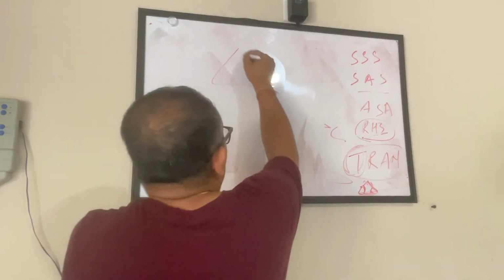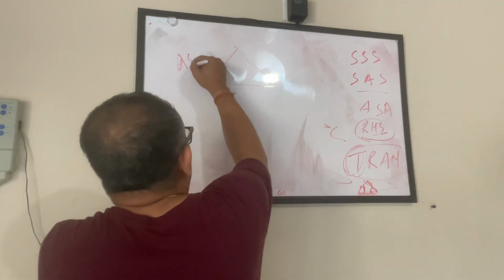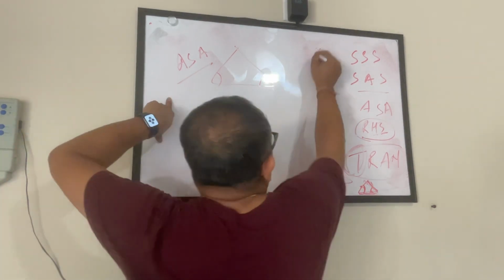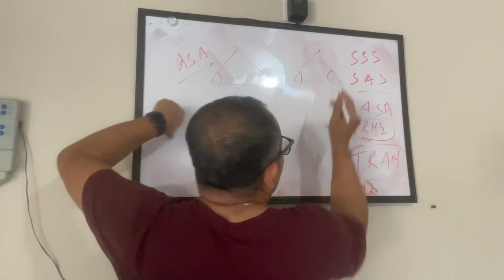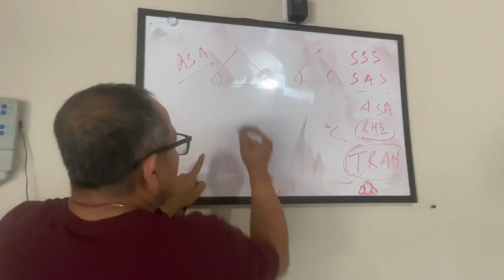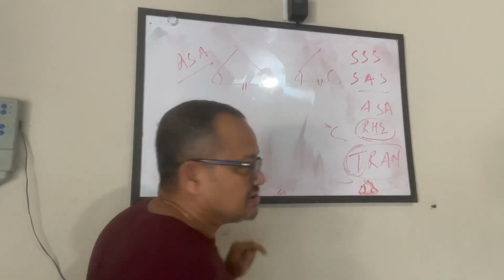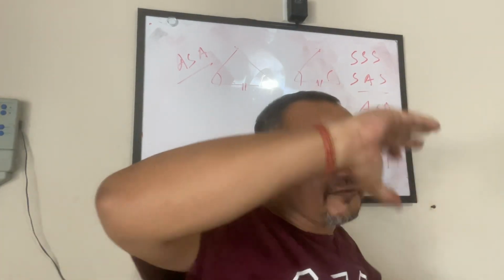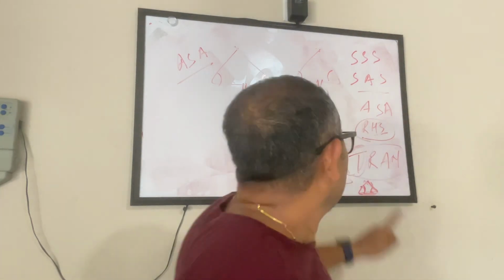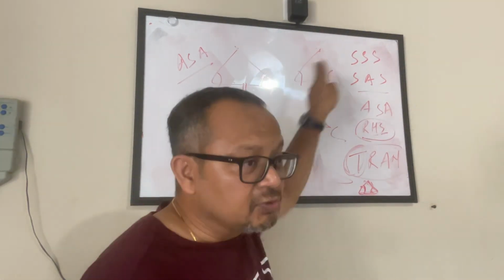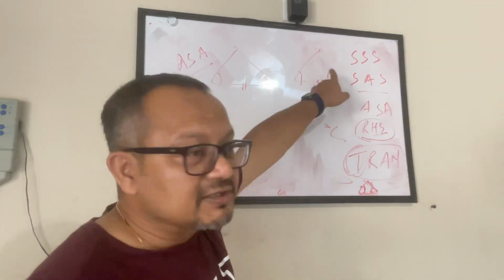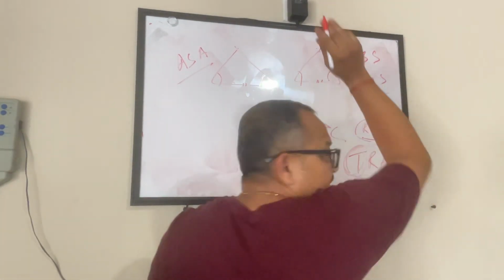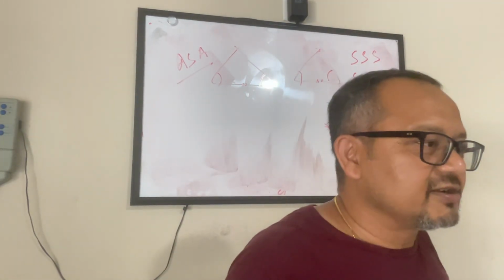Now, let's look at the theorem ASA. What this says, if there are two angles in the triangle match and the side between them match, then they will be congruent. I can give a different flavor of that theorem and say, if in two triangles, two of the angles match and any side matches, they will be congruent.